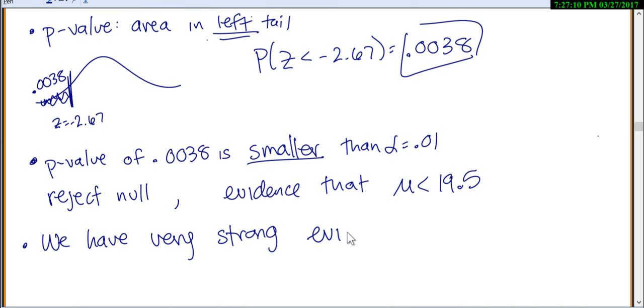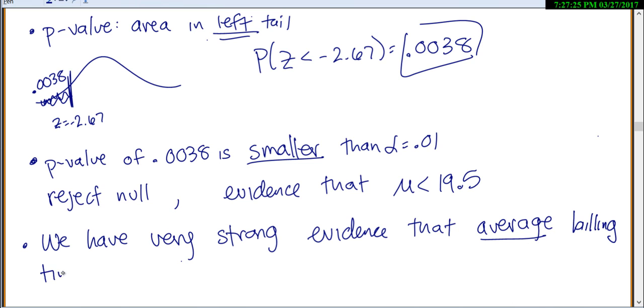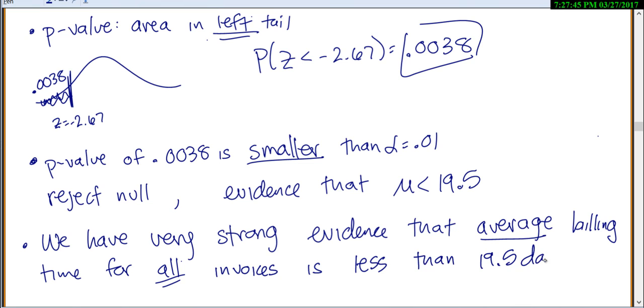Very strong evidence that the average, so population mean means average billing time, for all, so make sure you have words like average and all or population mean, for all invoices or accounts is less than 19.5 days. Notice we don't actually say what we think it is, just that we have evidence that it's less than 19.5.